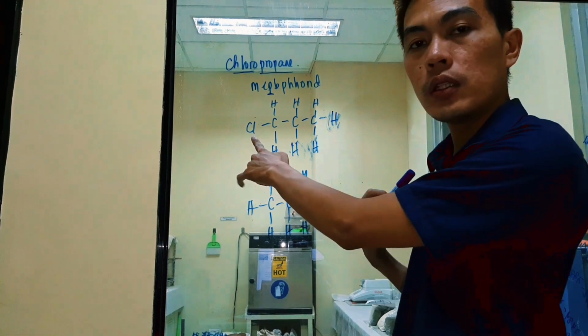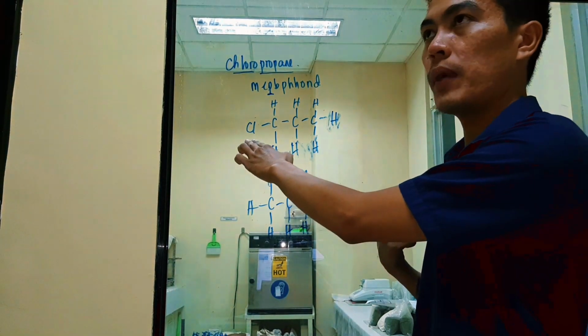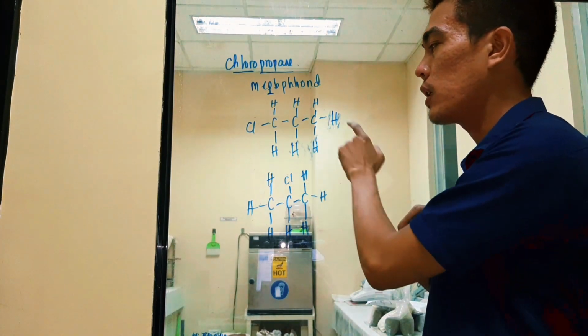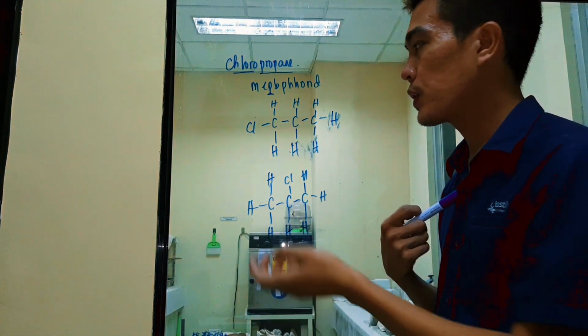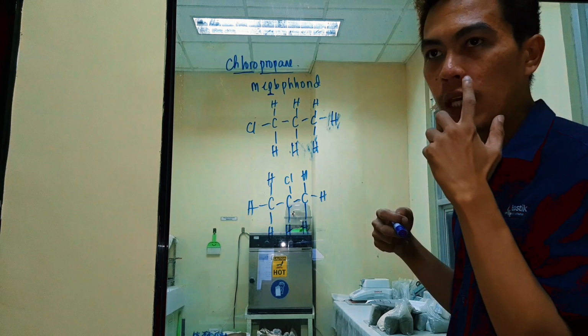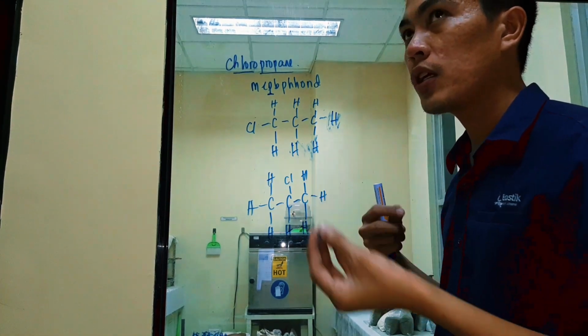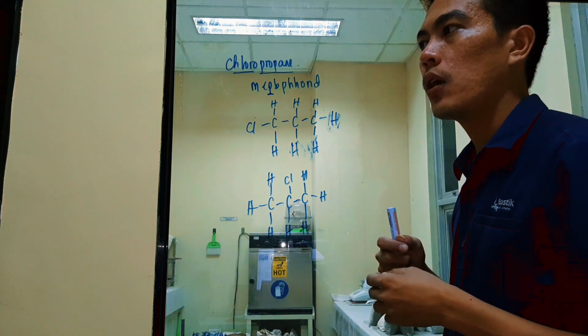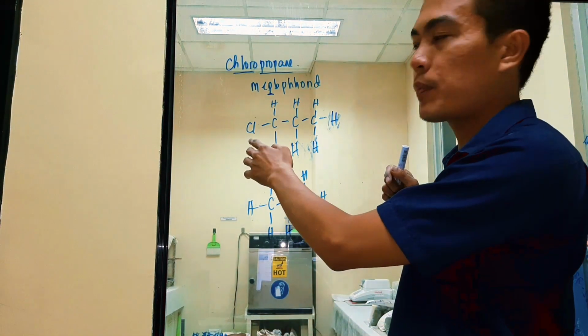This would be another isomer if you transfer the Cl to the last position. But it doesn't matter, since the naming of the compound is based on the attachment of the functional group, the Cl, to one of the carbons present in the propane.